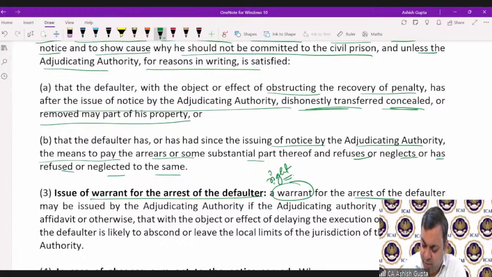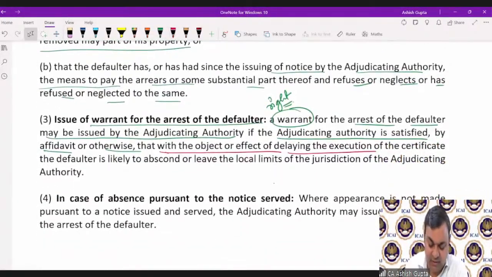A warrant for the arrest of the defaulter may be issued by the AA if the AA is satisfied by affidavit or otherwise that, with the object of obstructing or delaying the execution of the certificate, the defaulter is likely to abscond. So in that case, means वो भाग जाएगा, right? Or leave the local limits of the jurisdiction of the adjudicating authority.